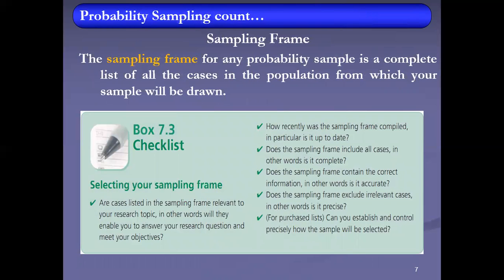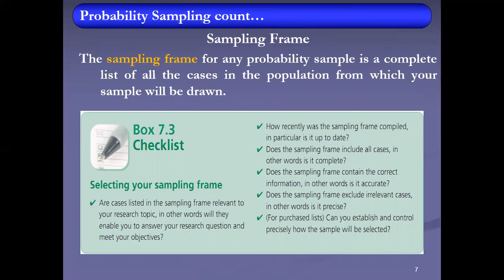Probability sampling, sampling frame. The sampling frame for any probability sample is a complete list of all cases in the population from which your sample will be drawn. So what is a sampling frame? A sampling frame is a list of the population from which you select your sample, where you draw your sample.